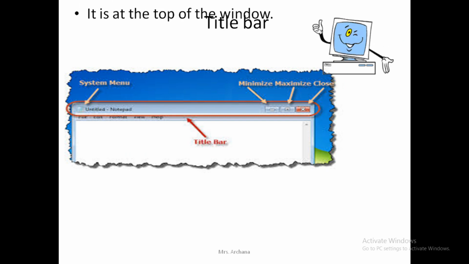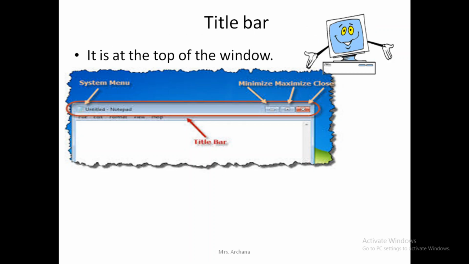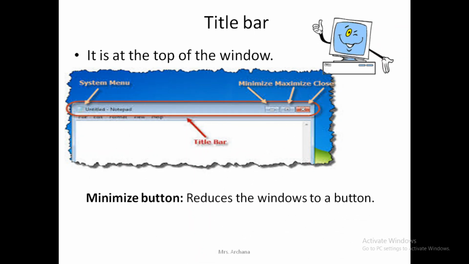First is the minimize button, which reduces the window to a button. That means this is an open window. If you want to reduce the window or make the window a button, then you have to use this minimize option. This is the minimize option.